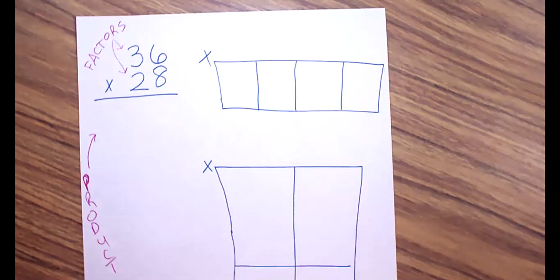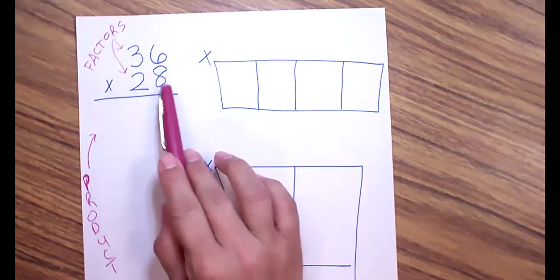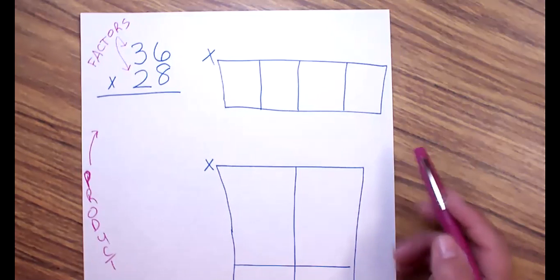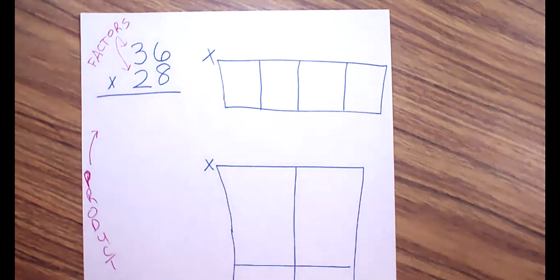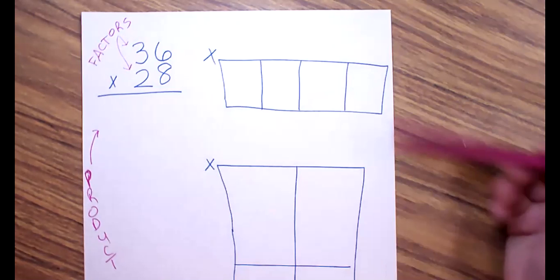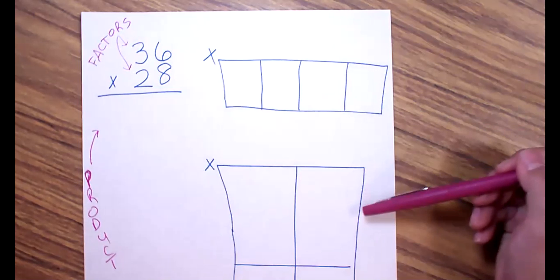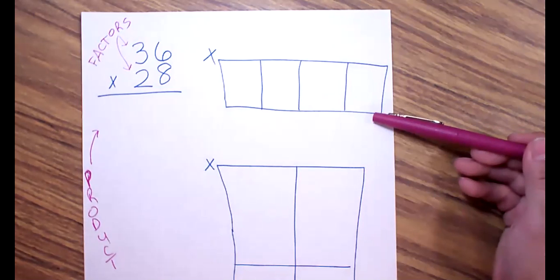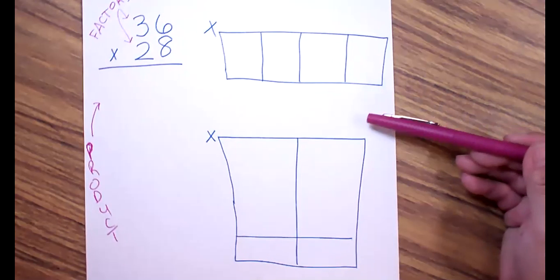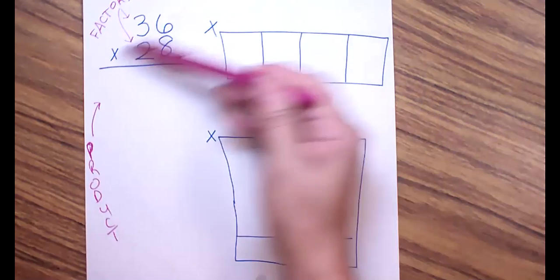I'd like to ask you something else. If I was going to solve this multiplication problem, and what if I did not want to start with the standard algorithm and I wanted to do an area model? Which of the 2 area models would I use to solve this problem, 36 times 28?